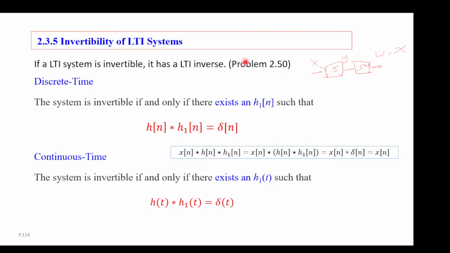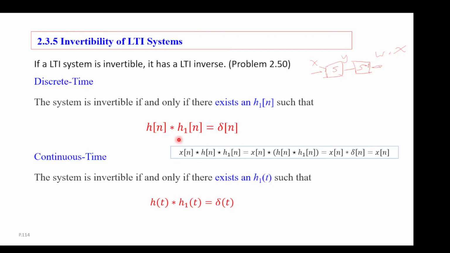If we believe this, then we can describe the invertibility of an LTI system by saying the LTI inverse is also described by some impulse response H1. If your system H is invertible, then there is another system H1, and this H1 needs to satisfy that H convolved with H1 equals the delta function.